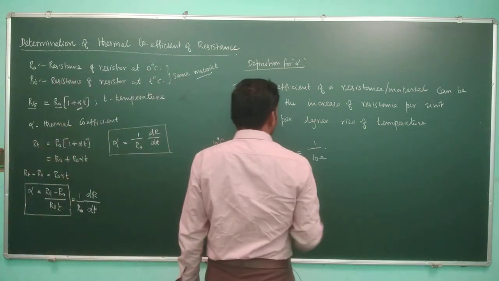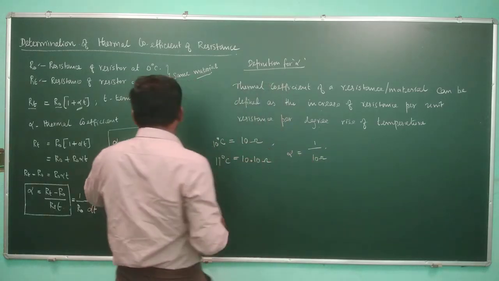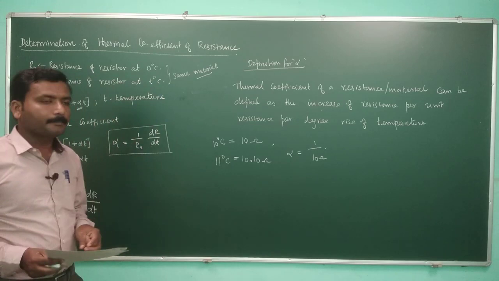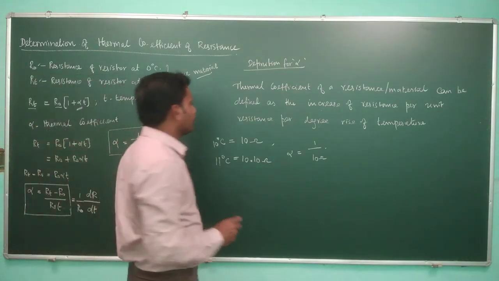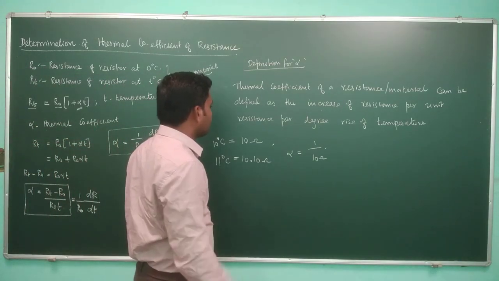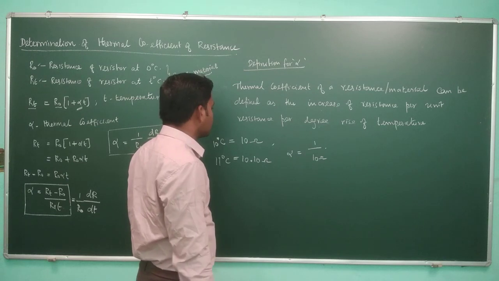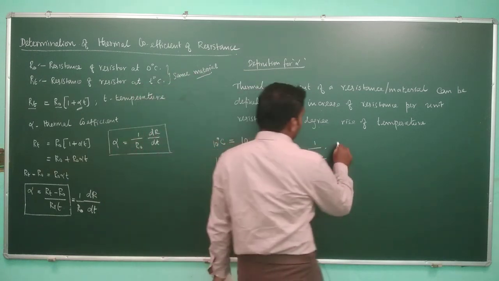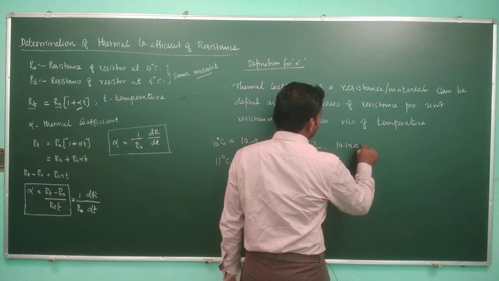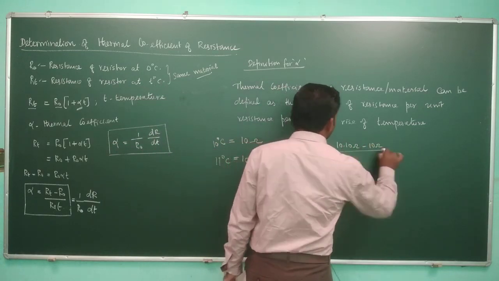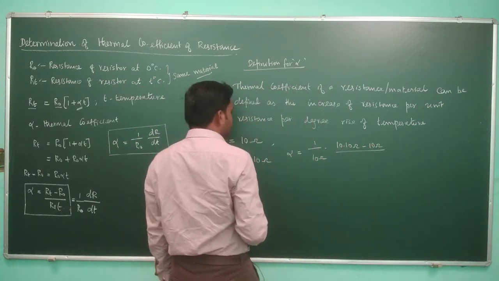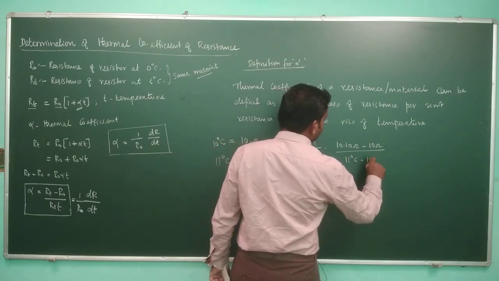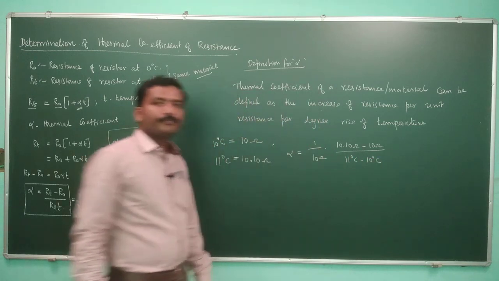And you can see the formula is dR by dt, that is change in resistance per change in temperature. If you want to calculate the change in resistance, what is it? 10.10 ohms minus 10 ohms is the change in resistance, divided by the change in temperature, 11 degree Celsius minus 10 degree Celsius.